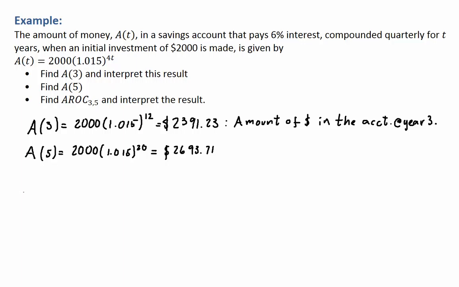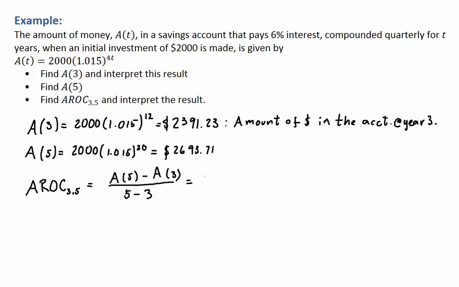And so the average rate of change, that's the next thing we're asked to calculate, between the years 3 and 5 would be the amount of money at year 5 minus the amount of money at year 3, divided by 5 minus 3.